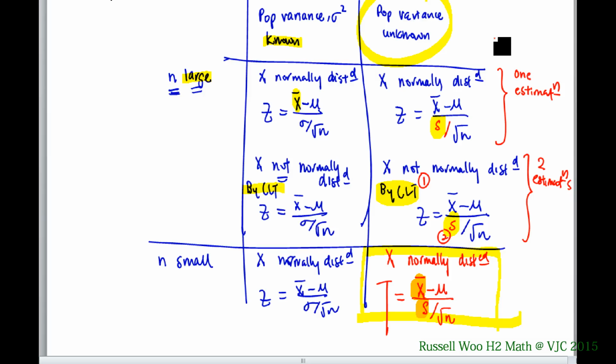Important assumption. Then you ask, what if x is not normally distributed? My quick answer to you is, not in syllabus. Similar for this case. Follow what I'm saying? So the important thing is for this to be a t-distribution, your population x must be normally distributed.